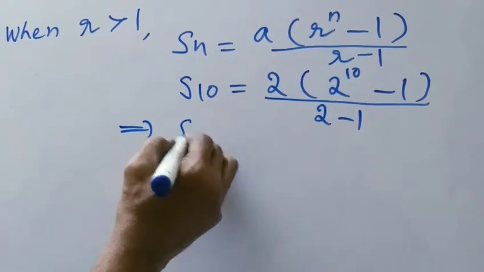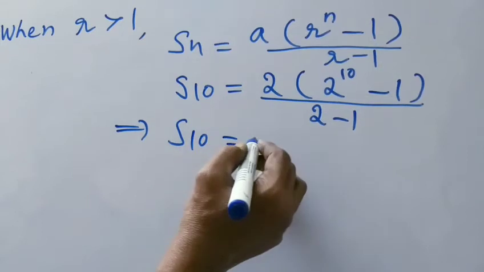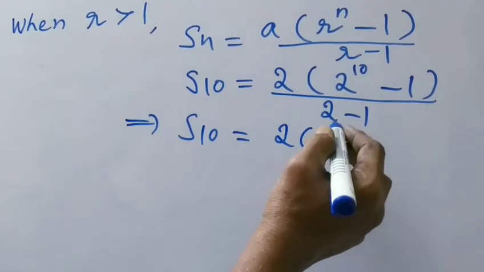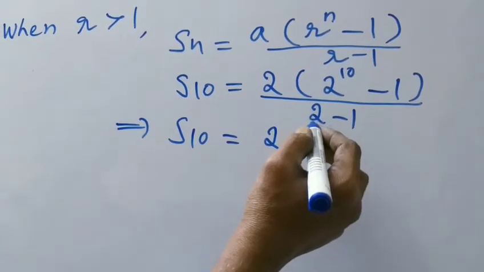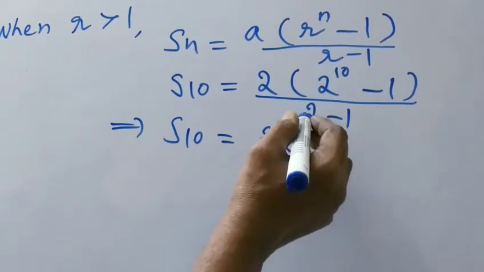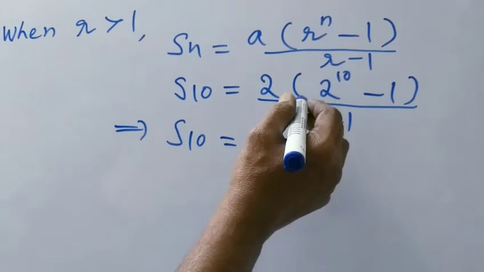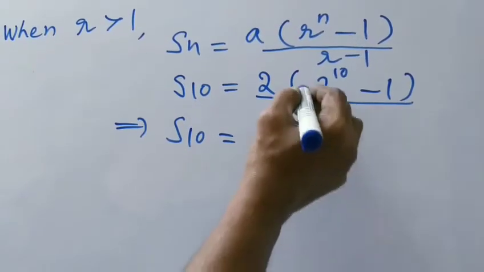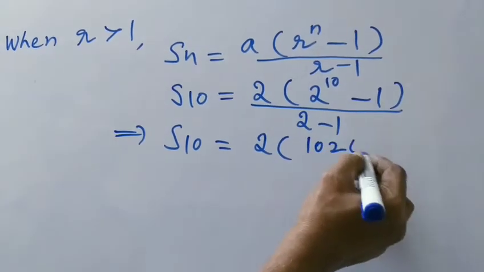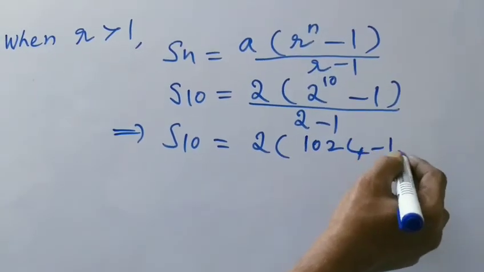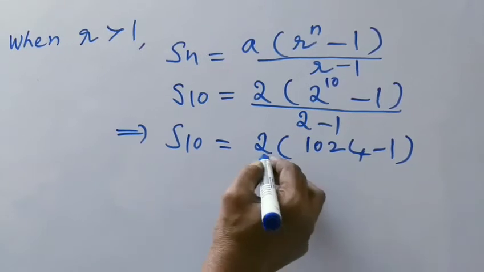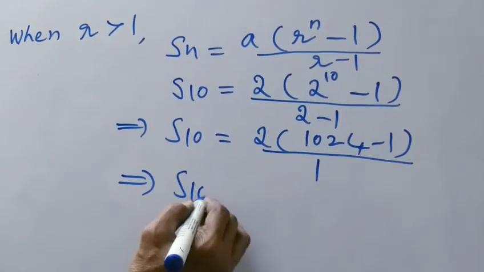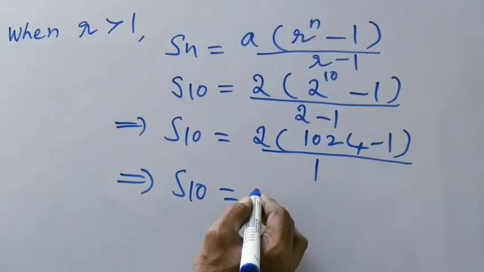Implies the sum to 10 terms is equal to 2 times (2 to the power of 10 minus 1) divided by (2 minus 1). The result of 2 to the power of 10 is 1024.